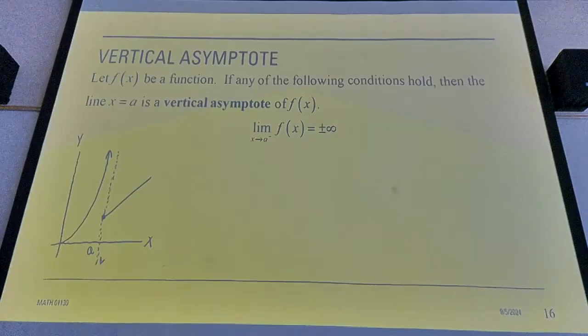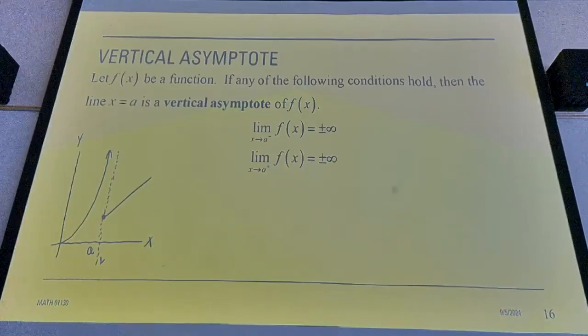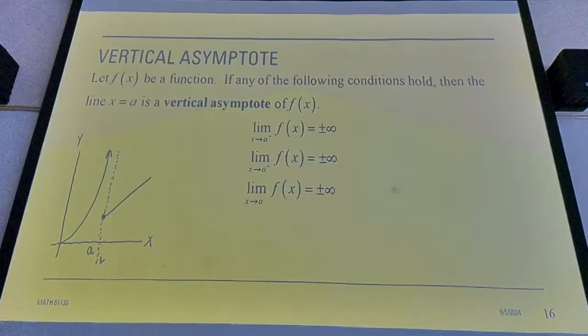The limit as x approaches a from the right is plus or minus infinity. Or the limit as x approaches a is plus or minus infinity. As the example here shows, only one side has to be plus or minus infinity to be a vertical asymptote.